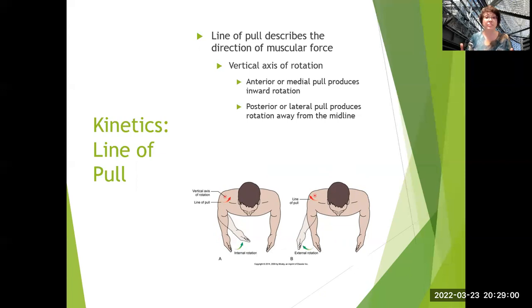So in the shoulder, the infraspinatus is posterior to the vertical axis of rotation. It's going to do external rotation. The pec major is anterior, and it's going to help with internal rotation. So we'll talk about the individual actions of the muscles.